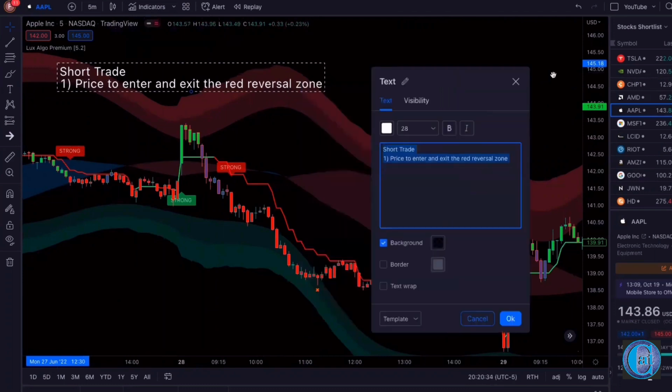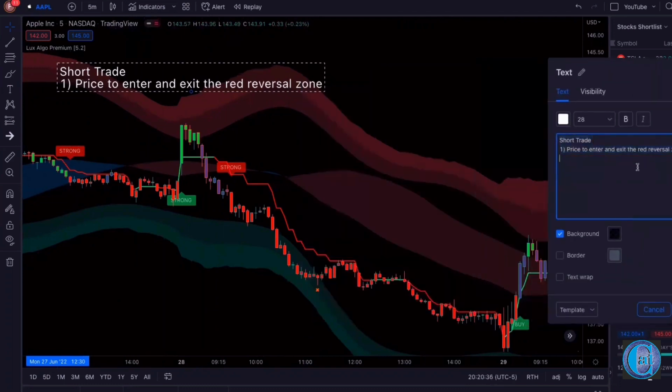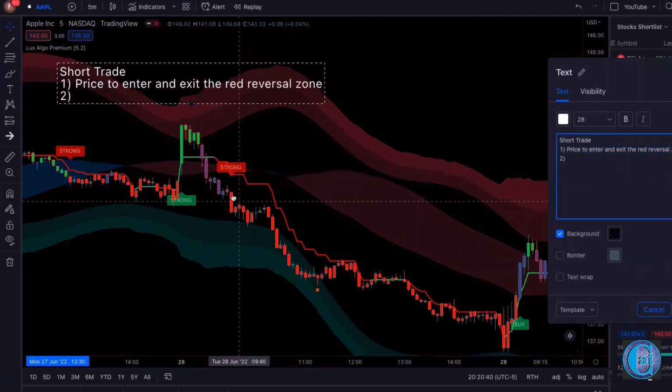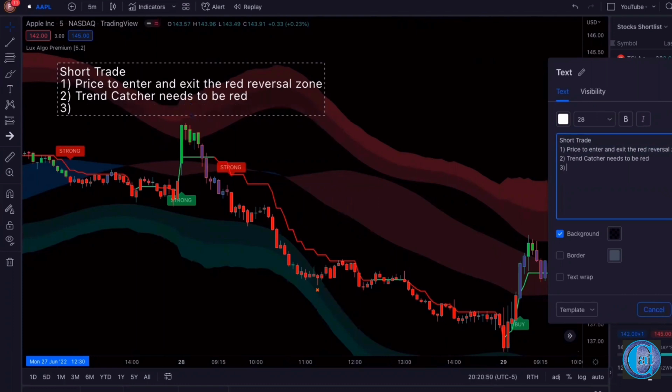Next, you want the trend catcher to be red, okay? At least 2 red candles. You want those colors to change. You see how that goes from green to purple, and then you've got the red right here.